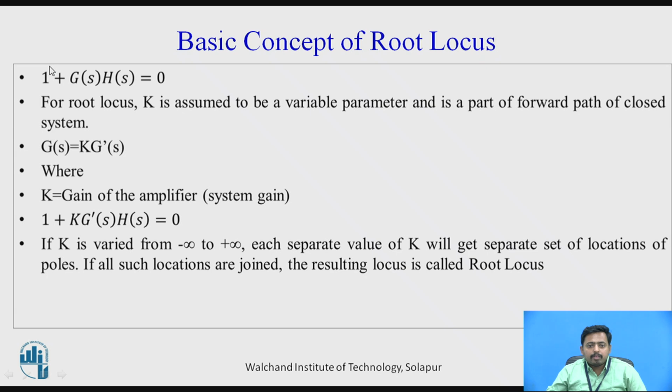So, for a closed loop system, we can obtain a characteristic equation, that is 1 plus G of S into H of S equal to 0.